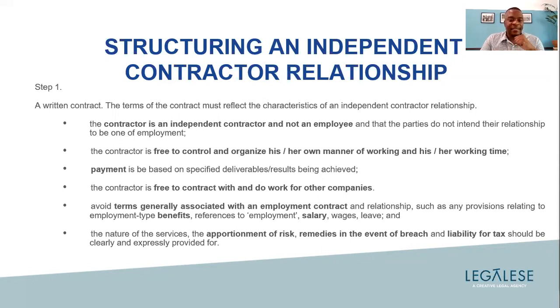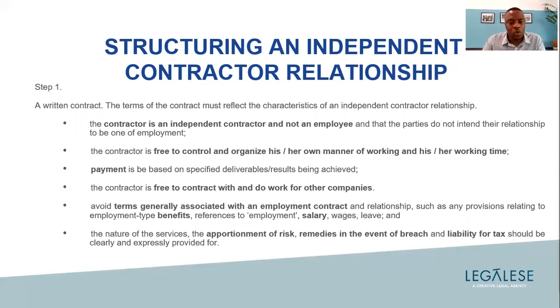And then fourthly, you need to make sure that you insert a clause that says that the contractor is free to contract with and do work for other companies. So you are here dispensing with the control element of this relationship. You're relinquishing control. You're saying, I don't control this person, and this person is not confined to working in my space. They are free to earn their living elsewhere.